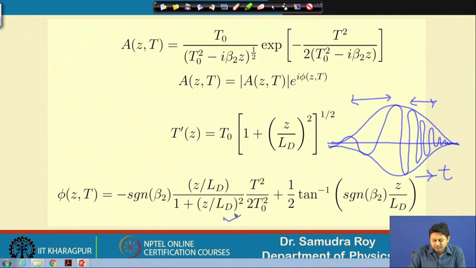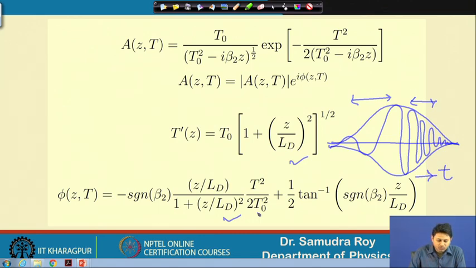So, that means when the pulse is propagating in a dispersive medium, the amplitude of the pulse will go down, the width of the pulse will increase, and at the same time the pulse will be chirped. Now, if we remember the self phase modulation case, a similar kind of effect was there.